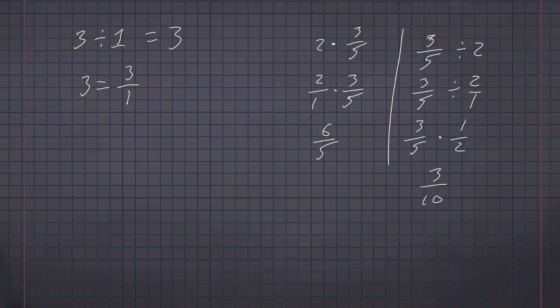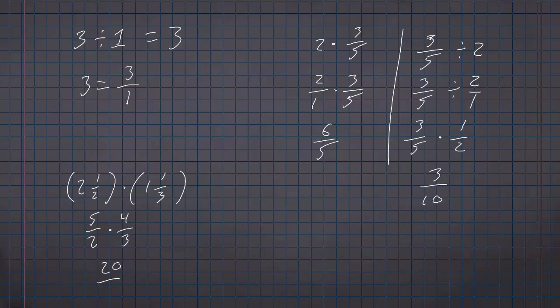And if you have mixed numbers that you're trying to do arithmetic on, if you're trying to do multiplication on two and a half times 1⅓, you rewrite the mixed numbers as improper fractions. And I guess since we were given mixed numbers at the start, we should give our answer as a mixed number. 6 goes into 20 3 times. 3 times 6 is 18.